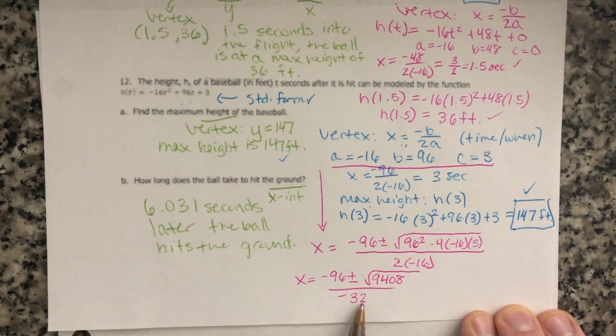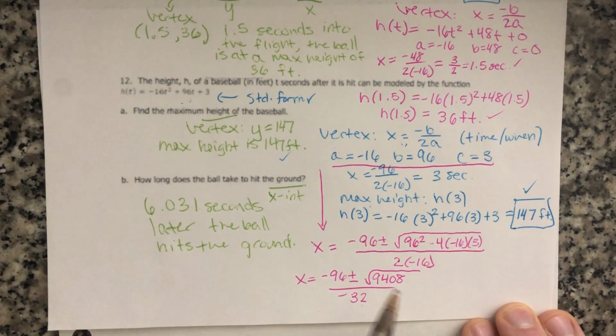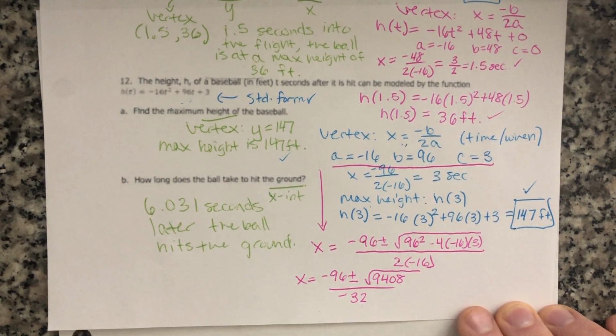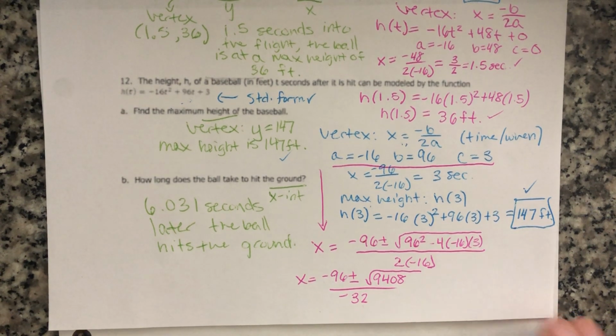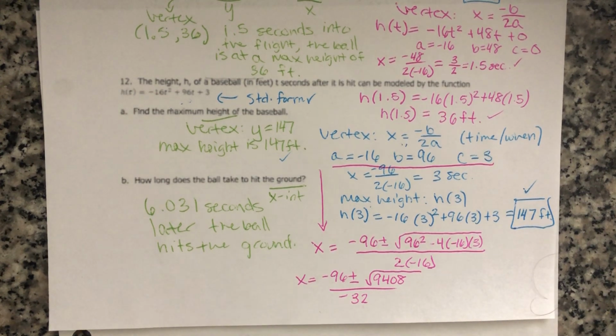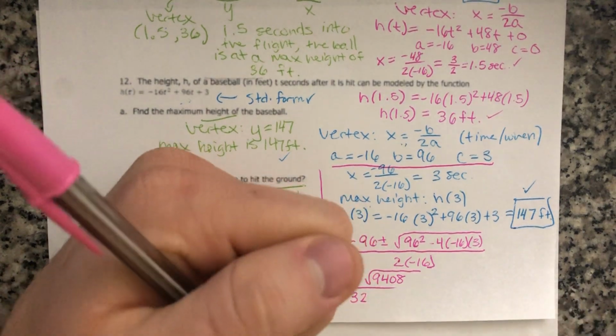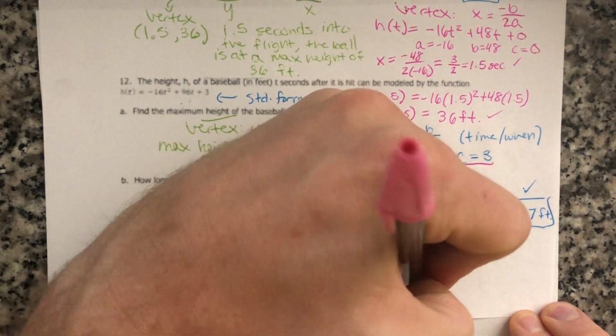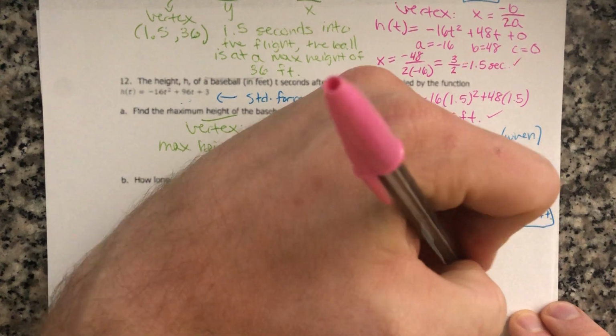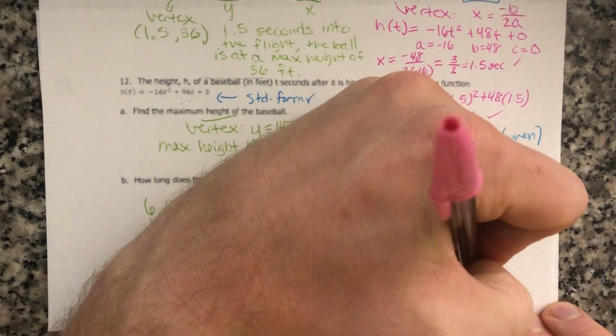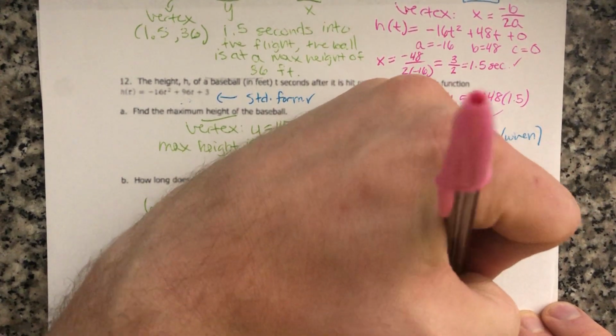We have a negative 96 and a negative 32, so ultimately those negatives will cancel each other out. But first we need to simplify 9,408 under a square root, and that would require us to do a factor tree. If you want to practice factor trees, you can go through the notes that we've done. We did that back in class. I'm going to shortcut that and just go down to the final simplified version of this radical, which is 12 plus or minus 7 square root of 3 over 4.